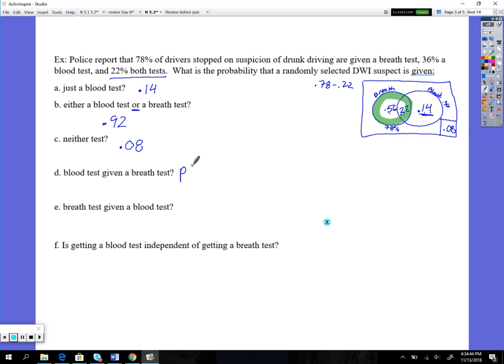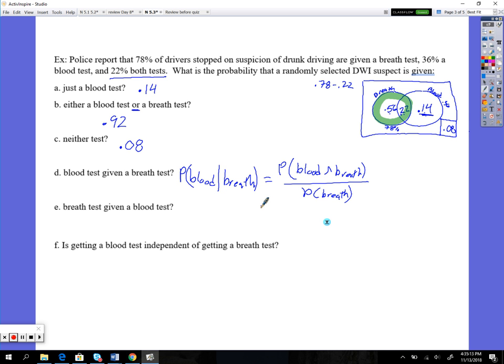The way that I would write that out is the probability of blood given breath. Mathematically, it's the probability of blood and breath divided by the probability of breath.